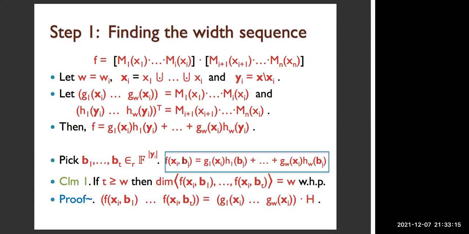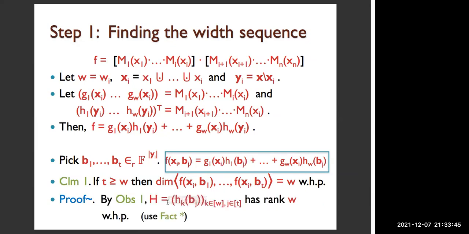Just imagine an evaluation of f x_i where the y variables are replaced by bj. It's just the h polynomials evaluated here, so it looks like this. If you write it as a row vector times a matrix, this entire row vector is equal to the row vector g times a matrix h, which is coming from the evaluation of the h polynomials at the bij's.